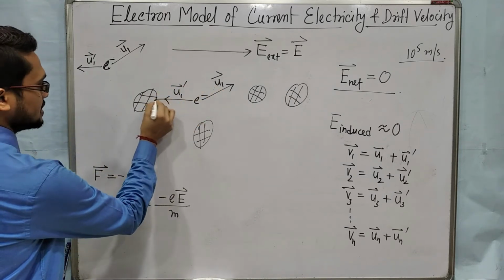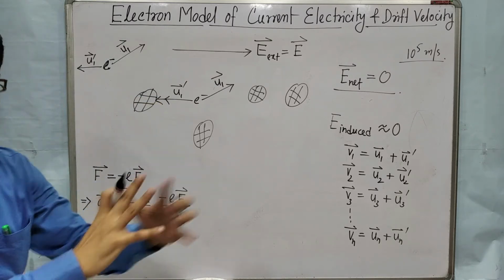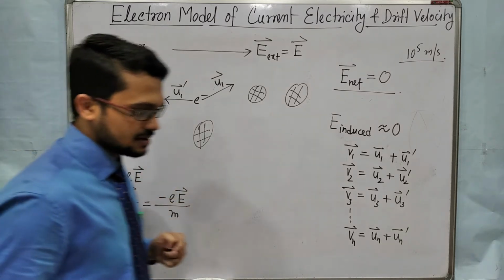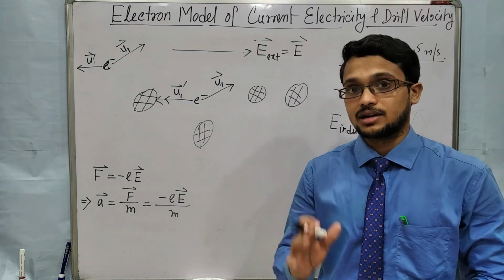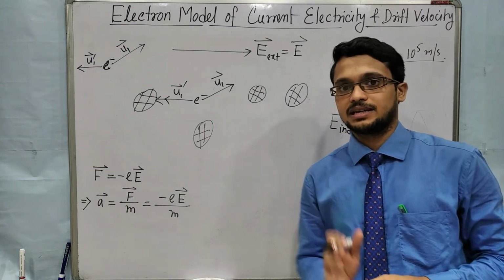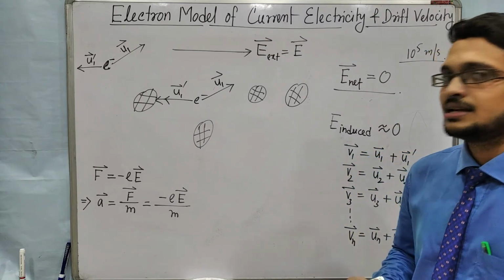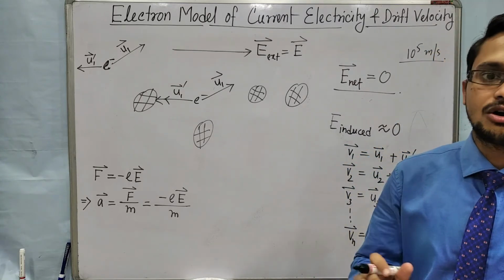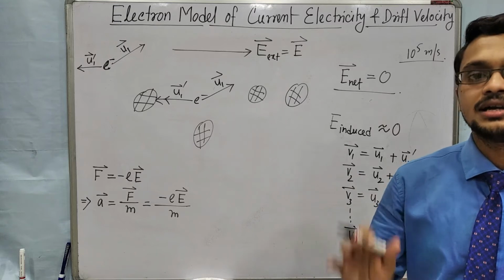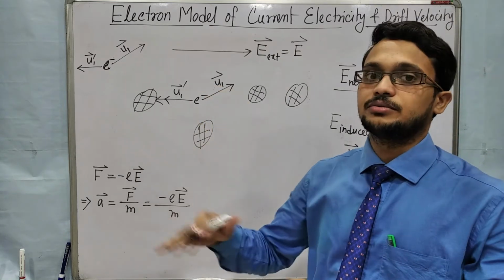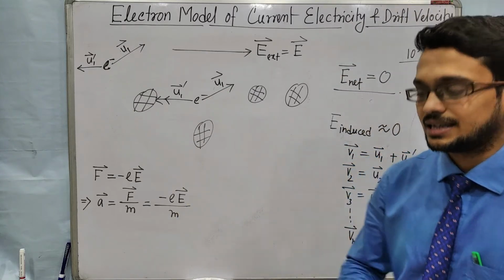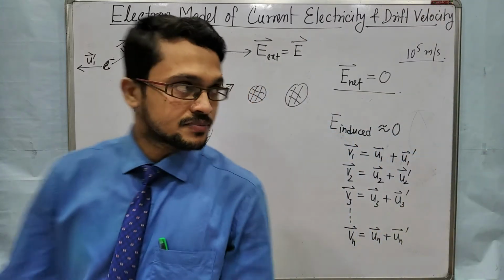Then it collides. The collision does not mean it is physically colliding; physical collision does not happen here. What happens is there is an effect on its velocity or momentum, so its momentum or velocity will change, will increase or decrease.